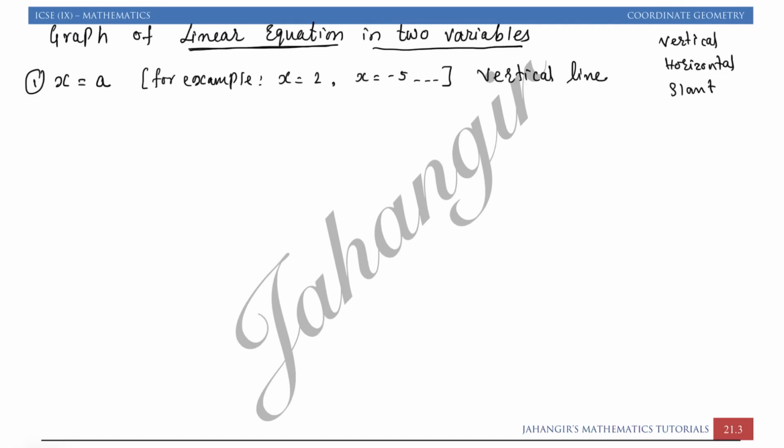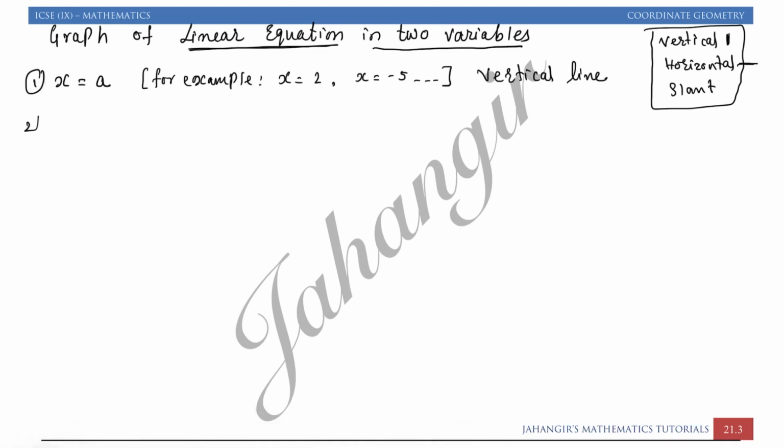You can define lines in only three forms. A vertical line is a standing line like this, this is a sleeping line, and this is a slanting line. So whenever we have an equation of the pattern x equal to a, our lines are always vertical. Just keep it in mind.